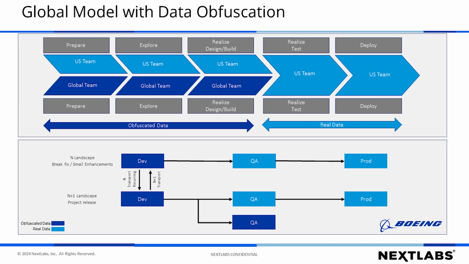And then from test and deploy, we are a US-based team. And we are changing that as we speak for the second phase of the recruitment solution because of the maturity of capabilities directly with NextLabs, with data obfuscation now available.